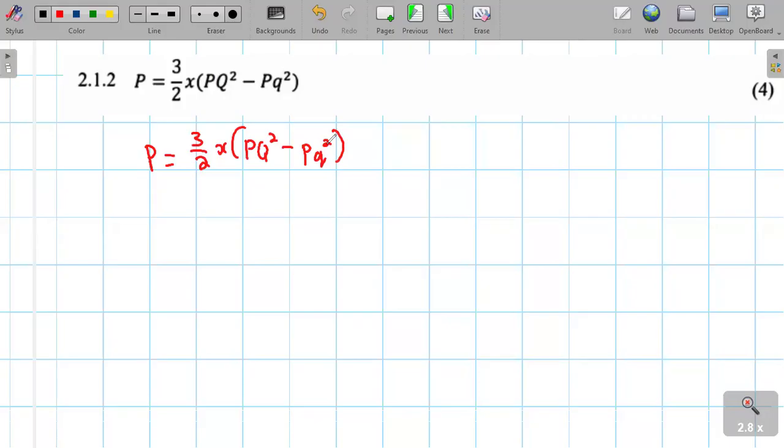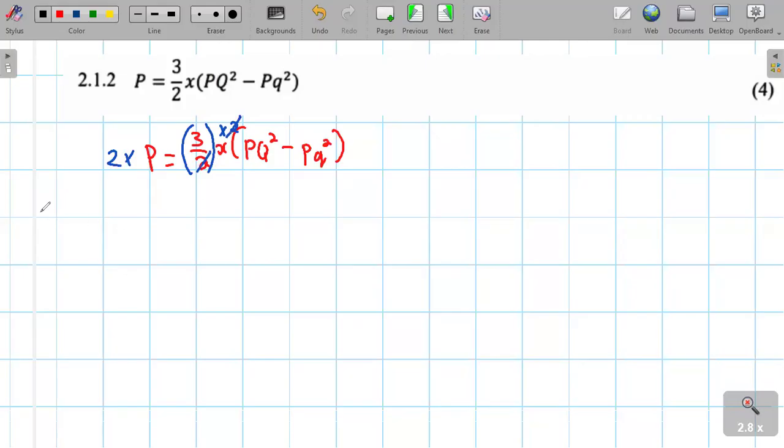I'm looking for x. Can we try to remove the fraction? For us to remove this fraction, we have to multiply all the terms by 2, both sides, so that this and this cancel.